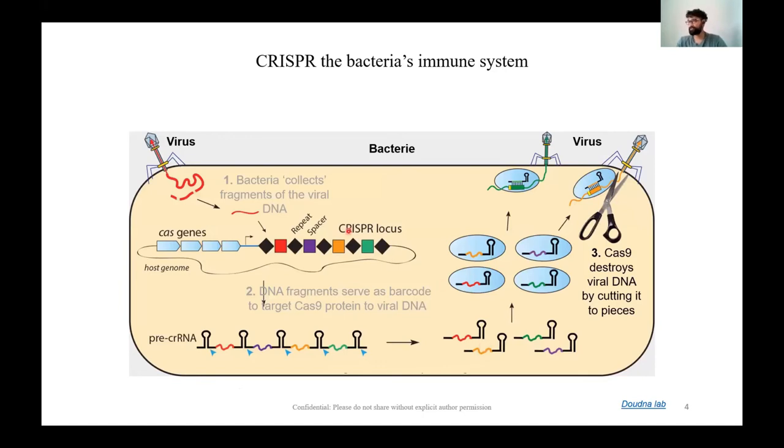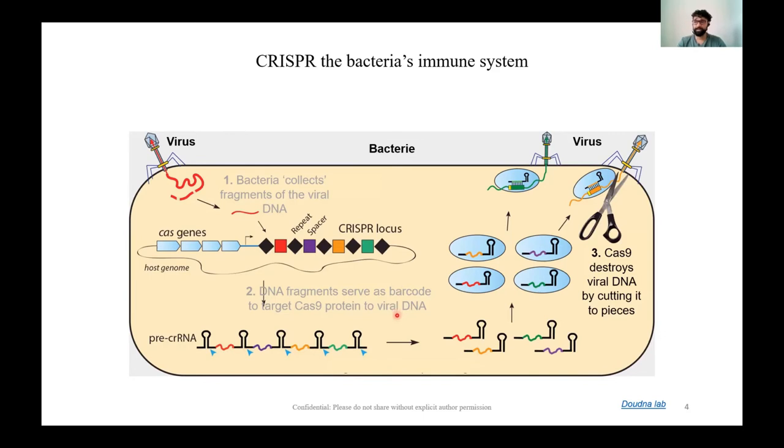With a very brief history of how this evolved, this is a bacterial immune mechanism against viral infections, against bacteriophages. The bacteria collect particles of DNA from the virus and incorporate them into spacer units called repeat spacer units, where the name comes from as well.